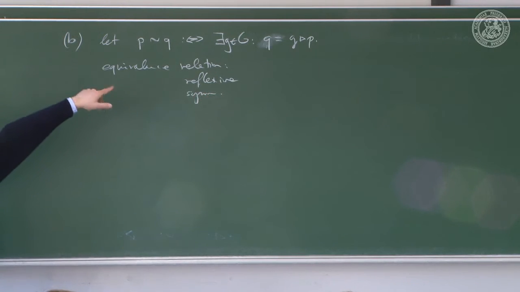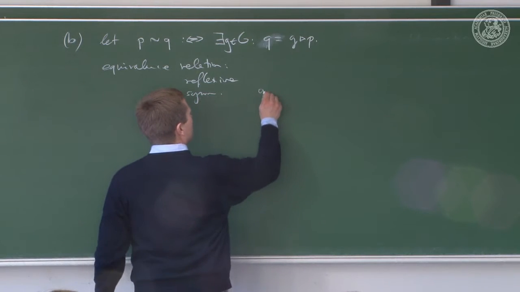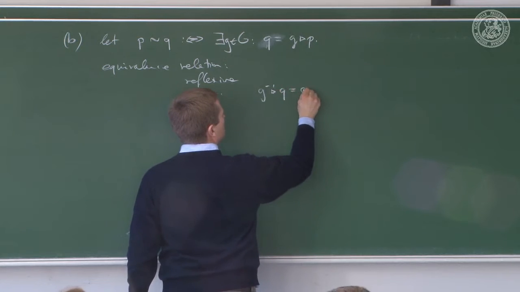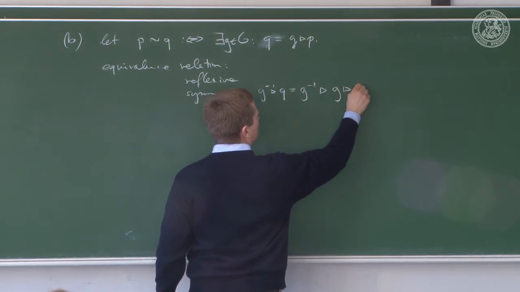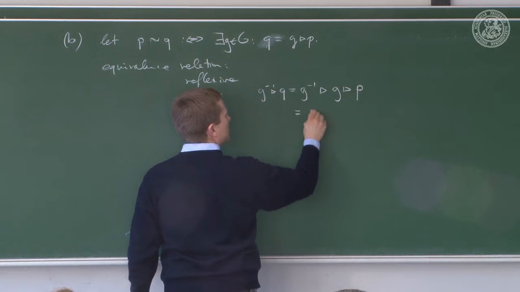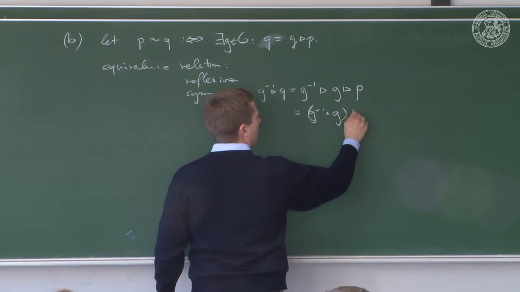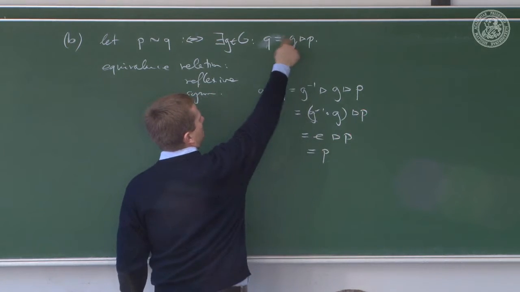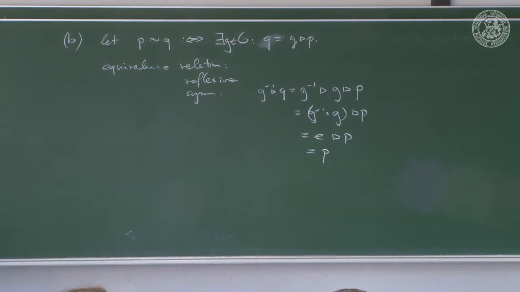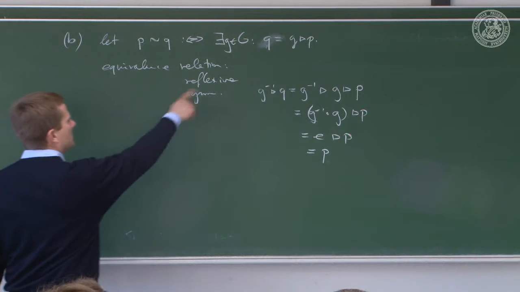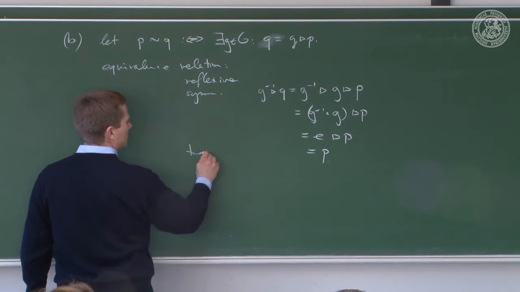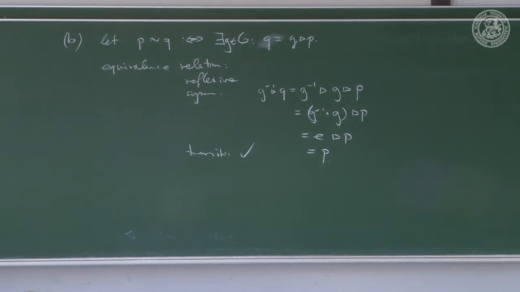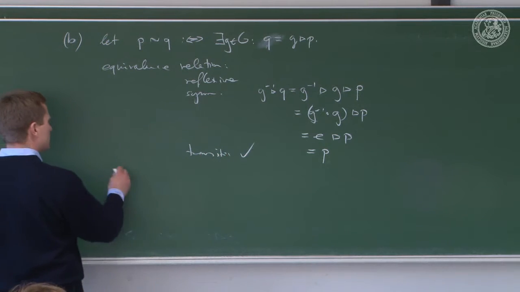If you act again with the inverse, let me write it down: g inverse acting on Q is g inverse acting on g acting on P. But this is g inverse times g acting on P. That's the identity acting on P. That's P. So you can write this the other way around, and the inverse always exists. So there is such a group element, in that case the inverse, and you can also check that it's transitive. Let's not do that.